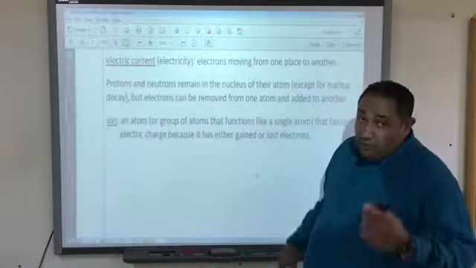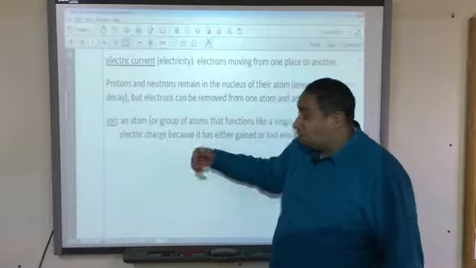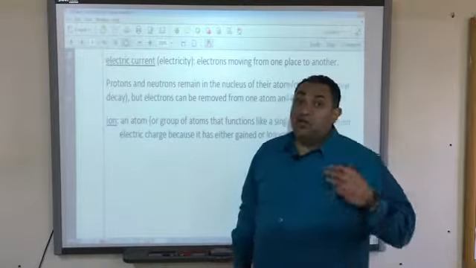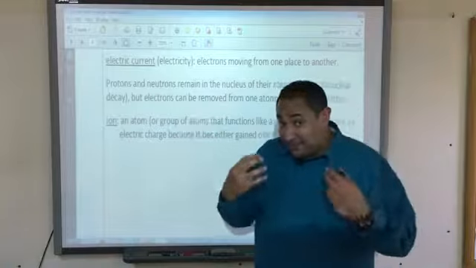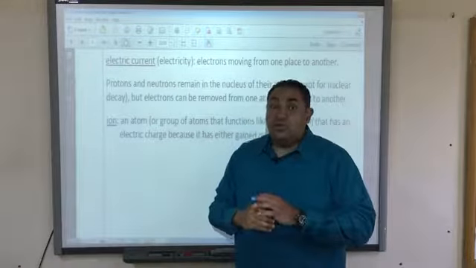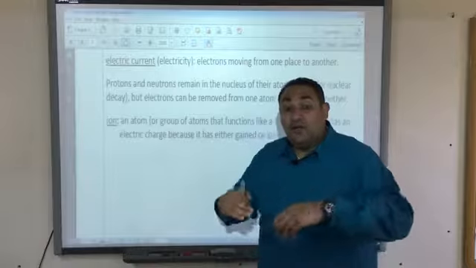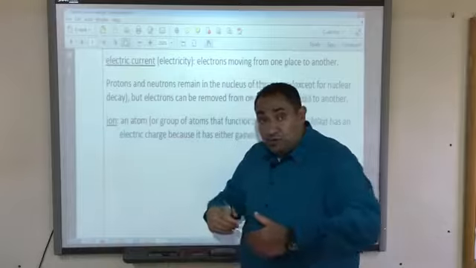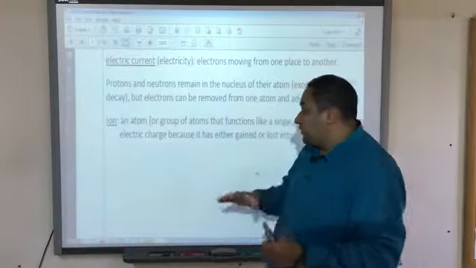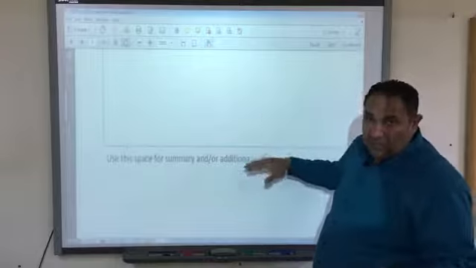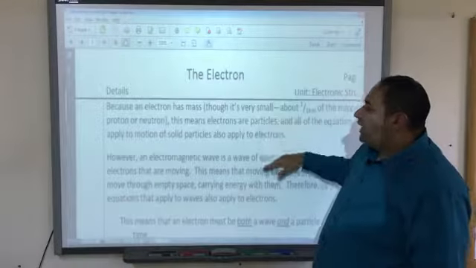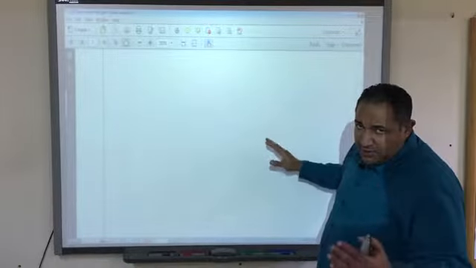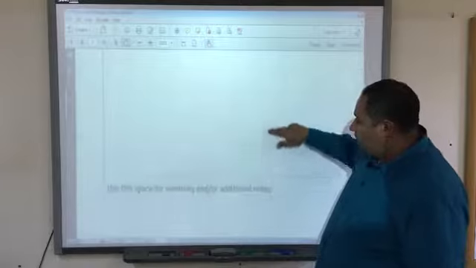And you know this definition, ion, we have taken it last unit: it is an atom that gained or lost an electron. If the atom gains electrons, which are negative, it becomes a negative ion. If it loses electrons, it loses negative charge, which makes it a positive ion. These are a very simple introduction to the electron and its properties, just to know.